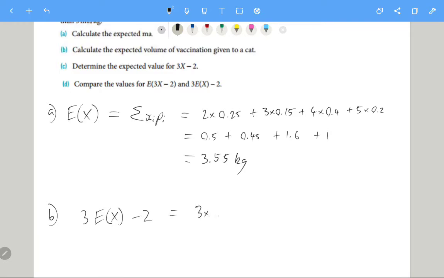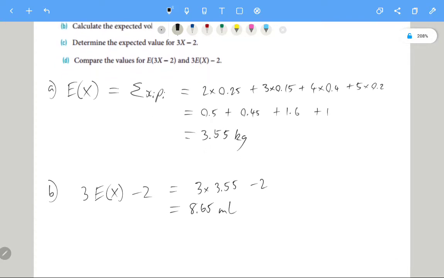So we get 3 times 3.55 minus 2, and that gives us 8.65 milliliters, right? Because we multiplied here, that's converted into milliliters.